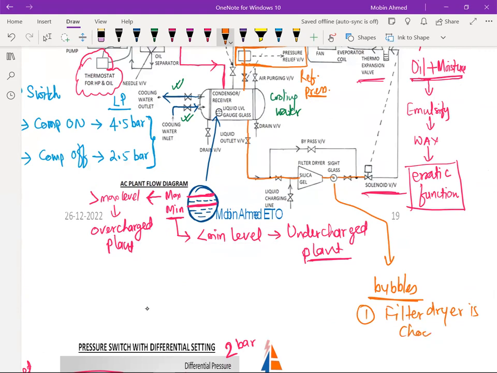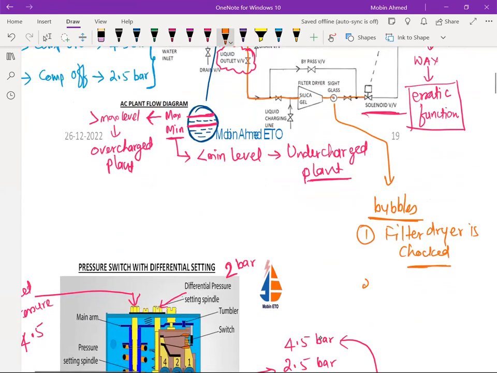Already it is choked, so if it is choked, then there is going to be a problem. This valve is not opened fully or not opening fully. The liquid outlet valve is a manual valve, but it can have trouble, then also you are going to have the problem. Lastly, we can say there is very little chance of any problem with that.